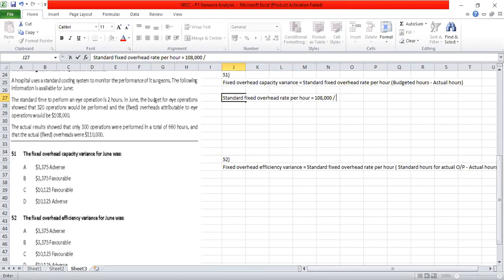How many hours? Budgeted hours are, before that let me put what the budgeted hours are, so there will be clarity. Budgeted hours is equal to 320 into 2, each operation requires 2 hours, so that will become 640. So this divided by 640.